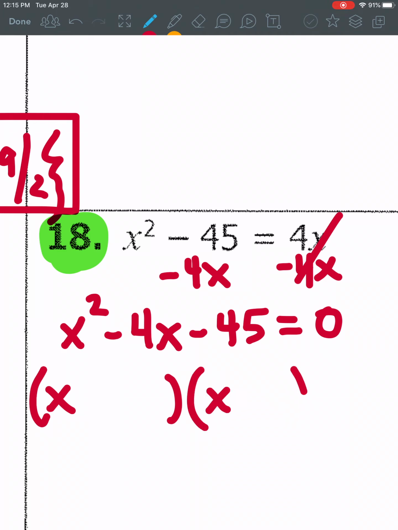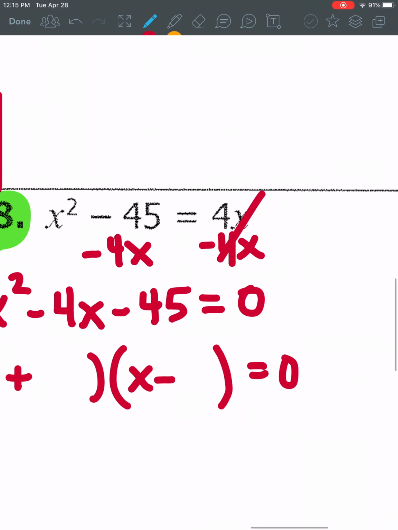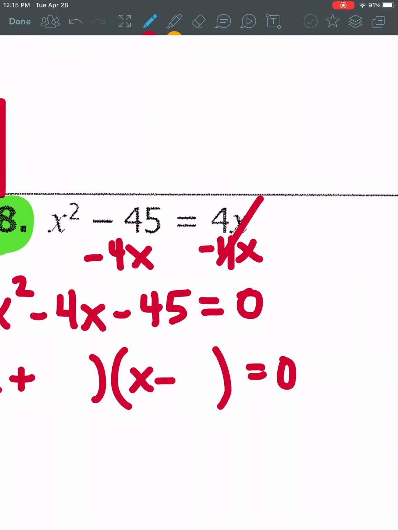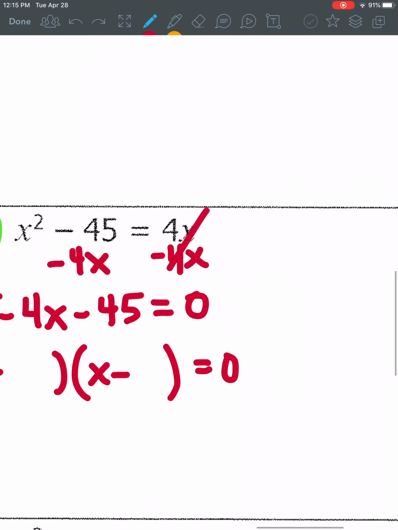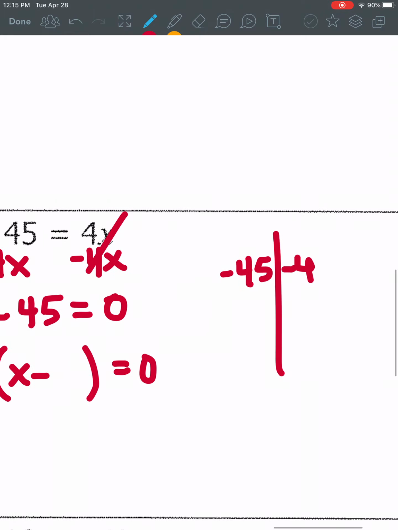Now we would go to that second step and factor. They're both minuses. Since the c value is a minus, we know one has to be plus, one has to be minus. We know the bigger term has to be negative because the b value is negative. So what multiplies to negative 45 and then adds to negative 4? So I'm thinking 9 and 5. So the negative has to go with the 9.